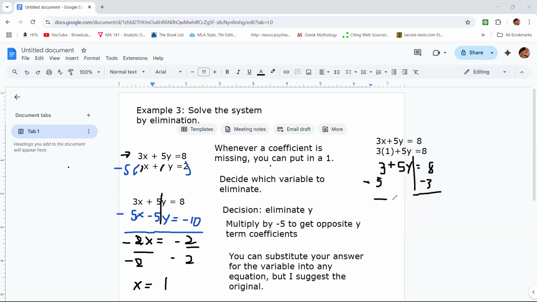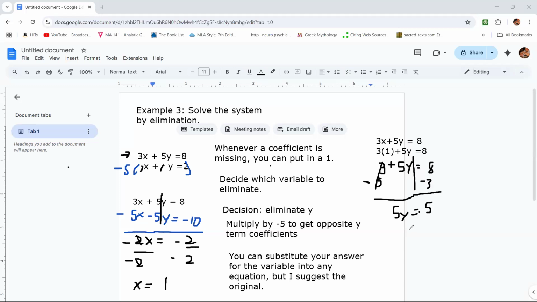So now these cancel, 3 minus 3. This is 5y. This is 8 plus -3 or 8 minus 3, whichever you prefer. But this is 8, this is -3. 8 is positive. 8 is larger, so the positives win. So it's a positive answer, and it's +5.